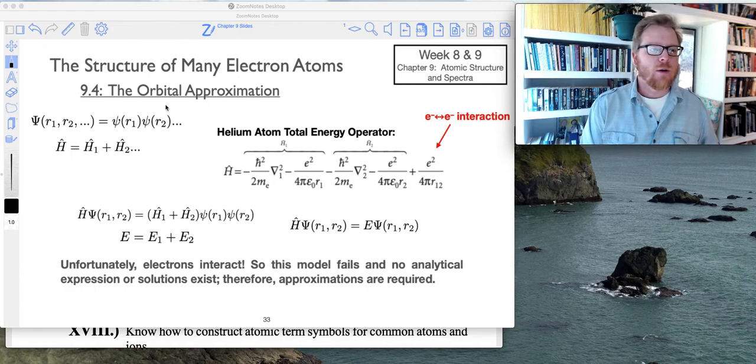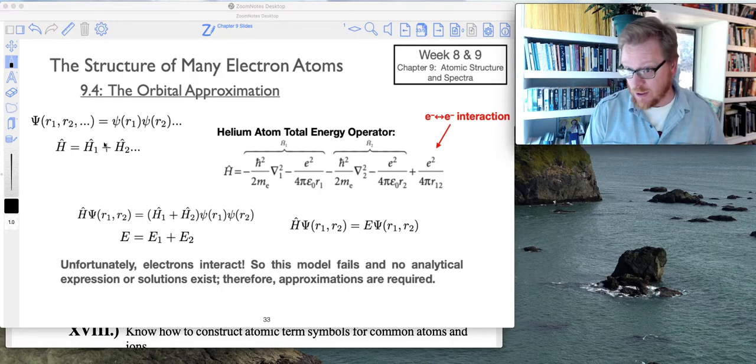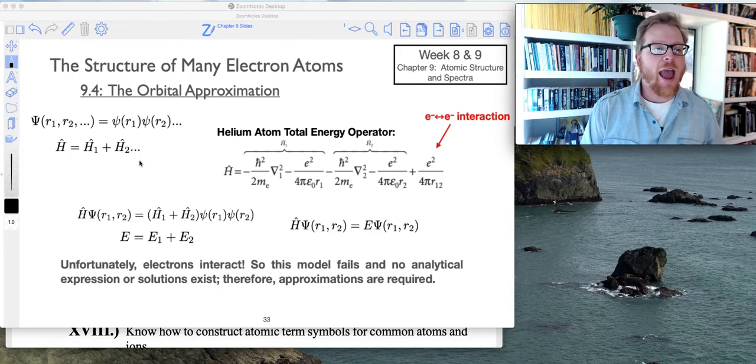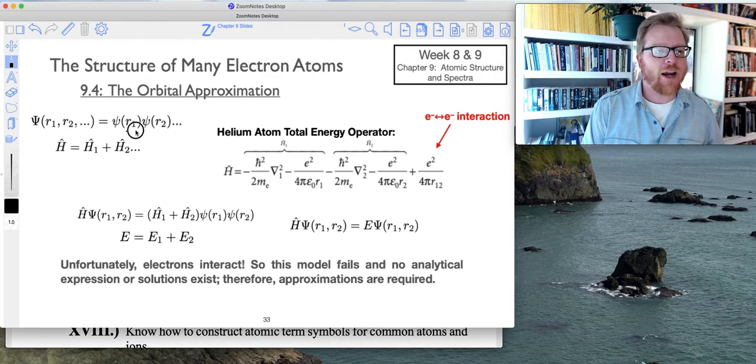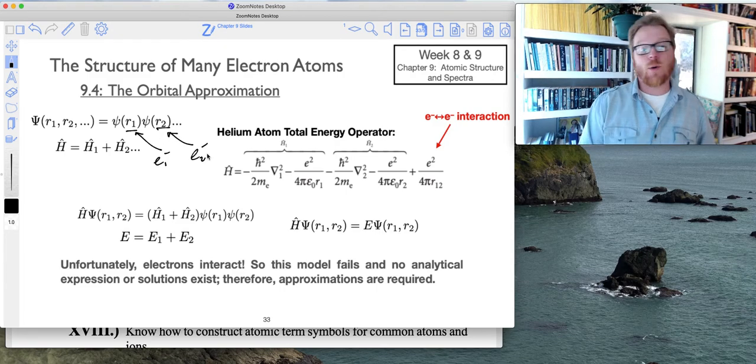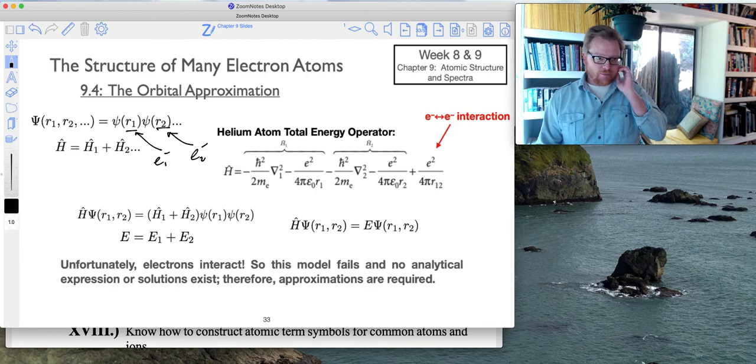So we start by putting the fact together that we now have 2 electrons we're dealing with. The 1 and the 2 right here correspond to each of those electrons. So we would have electron number 1 that's got some radial dependence, and electron number 2 that also has some radial dependence.